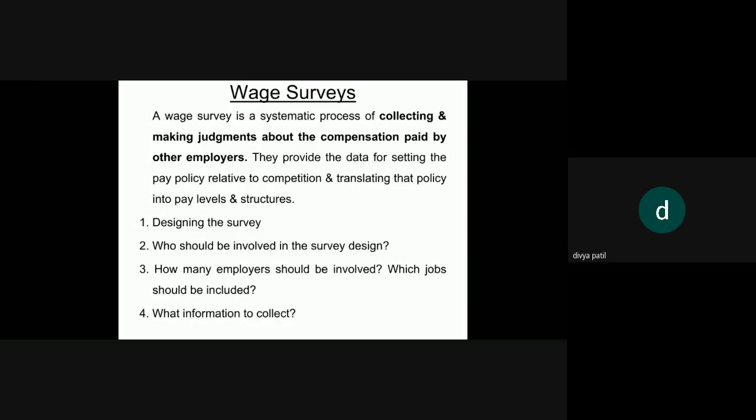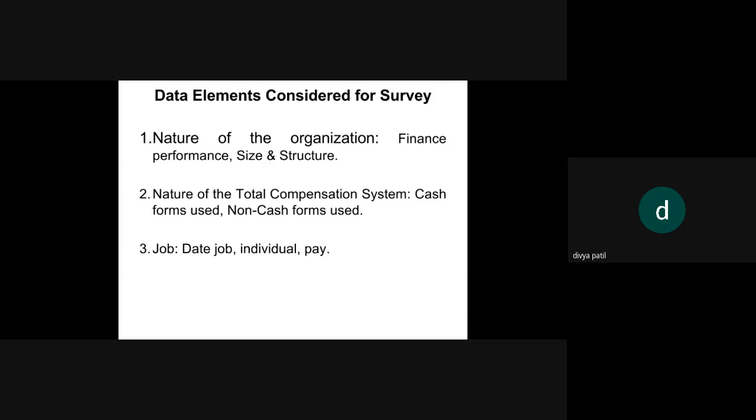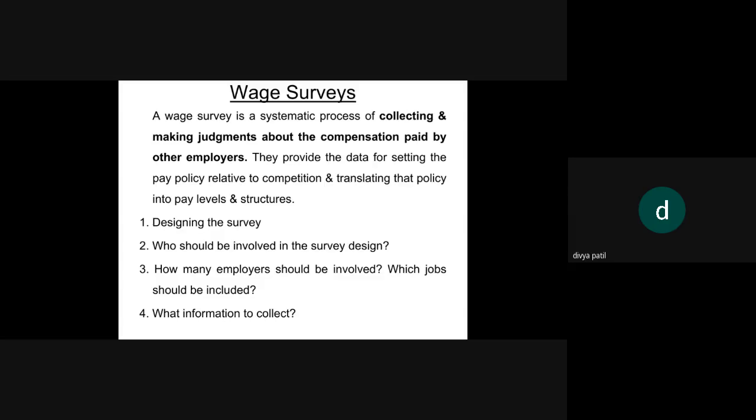Then how many different competitors or employees should be involved in collecting information, and which type of jobs you want to compare should be predetermined, so that information is collected only on those particular jobs. At the end, what type of information is collected depends on the questions you draft into your questionnaire while administering it to the respondents from whom you want to collect the information.